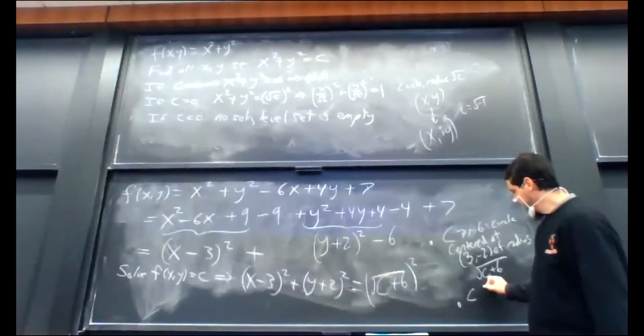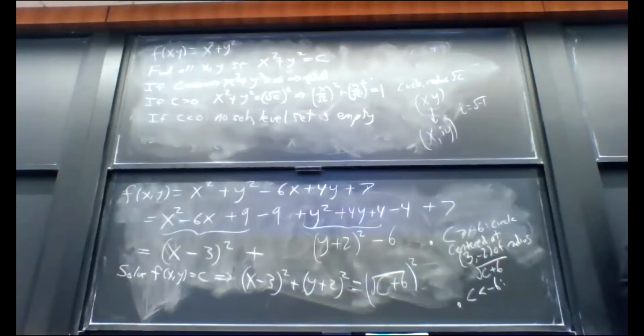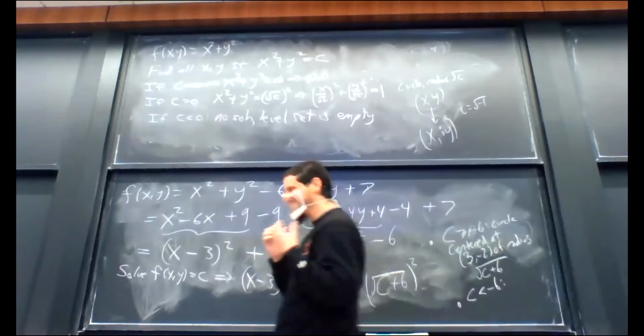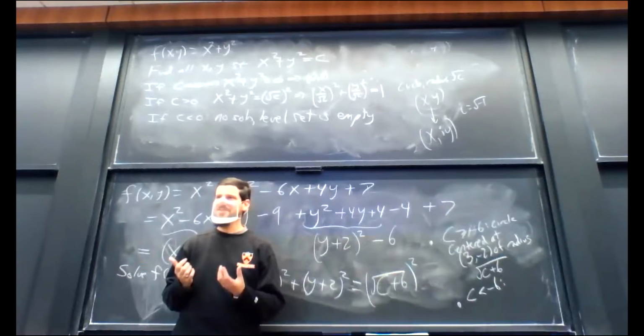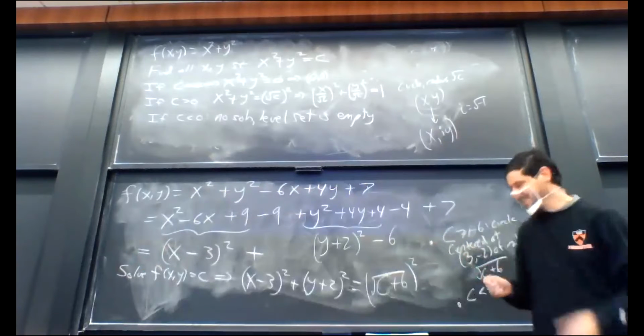And what happens if c is less than negative 6? Is it not defined? It's not that it's undefined. What's the level set? It does exist. It's empty.